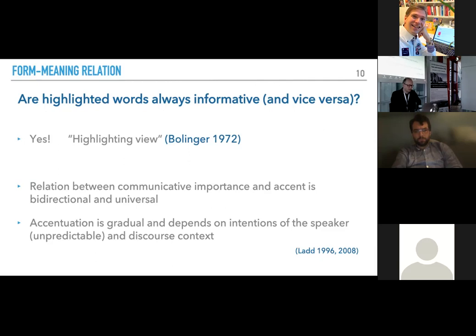And it's claimed that the relation between communicative importance and accent is bidirectional and universal, and that accentuation is gradual and depends mainly on the intentions of the speaker, so it's basically unpredictable, and also on the discourse context. So Bob Ladd called this, in the first edition of his Intonational Phonology book, a radical focus to accent approach.